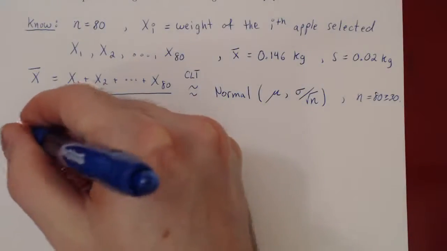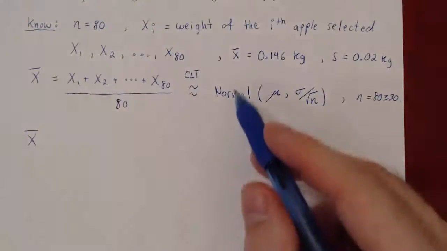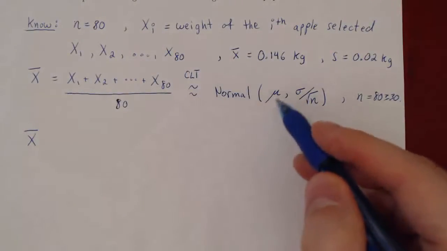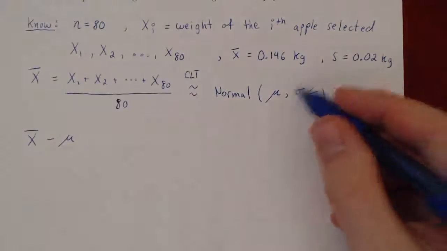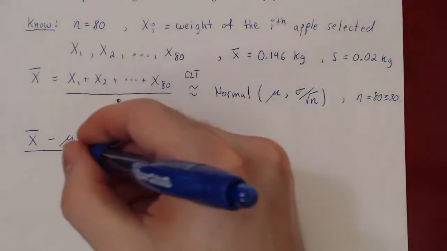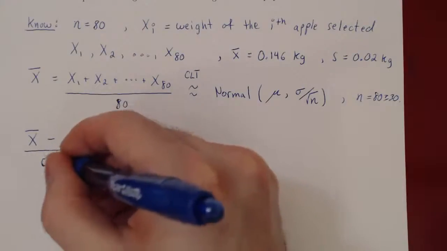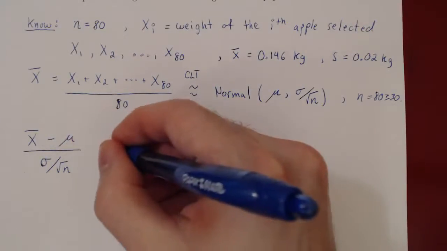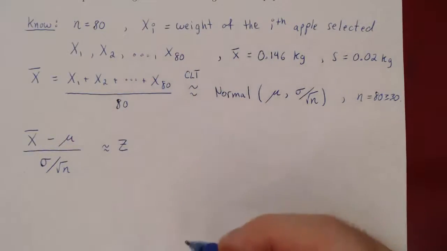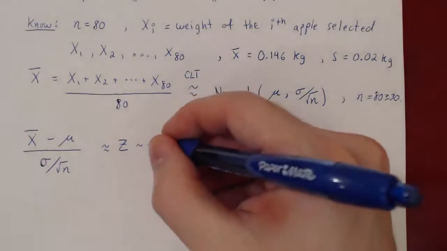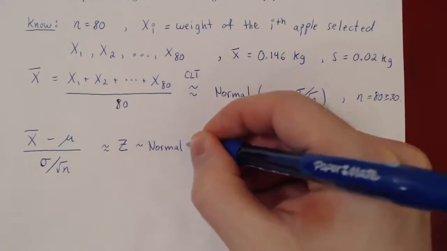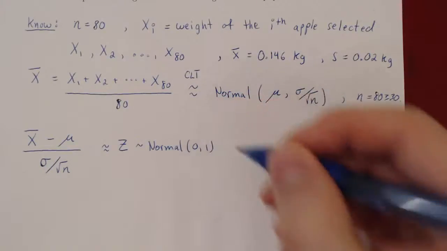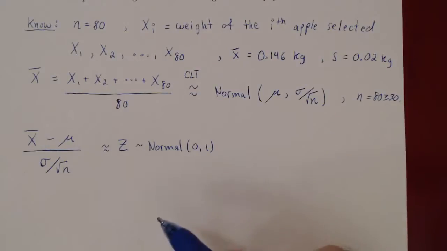If you take the random variable that is approximately normal, if you subtract from it the mean and you divide by its standard deviation, you have now standardized the random variable, and this is now approximately z, the standard normal random variable. And with this, we will be able to build our confidence interval.